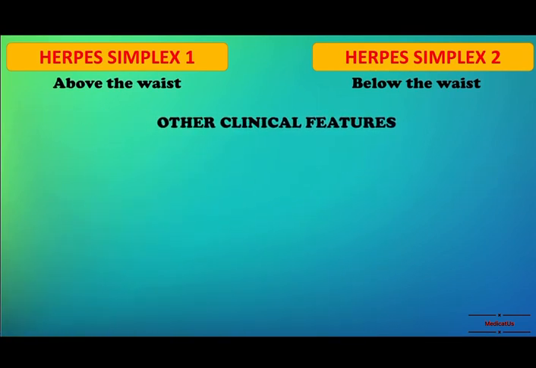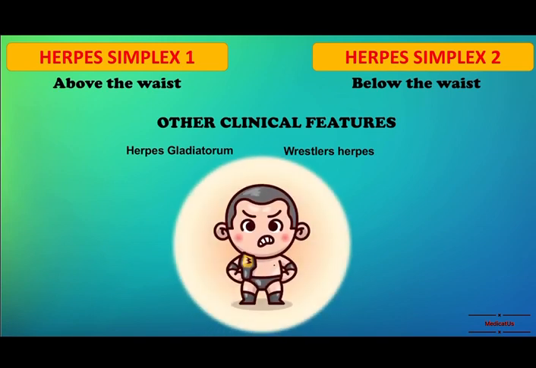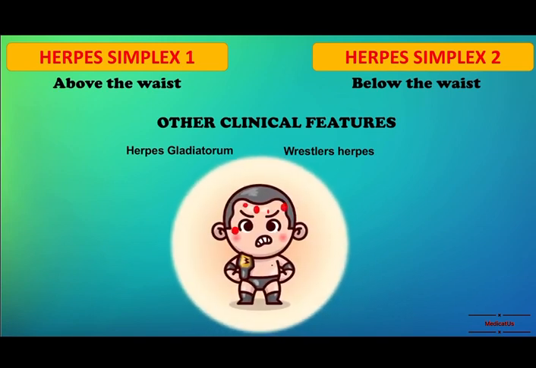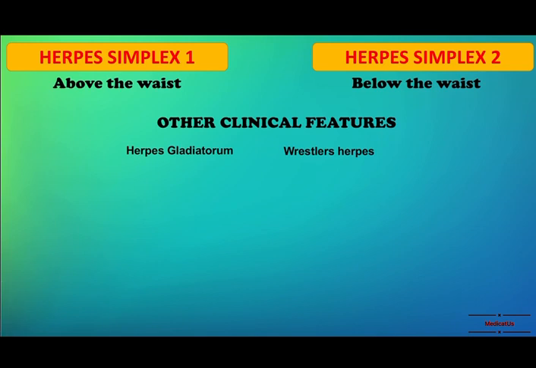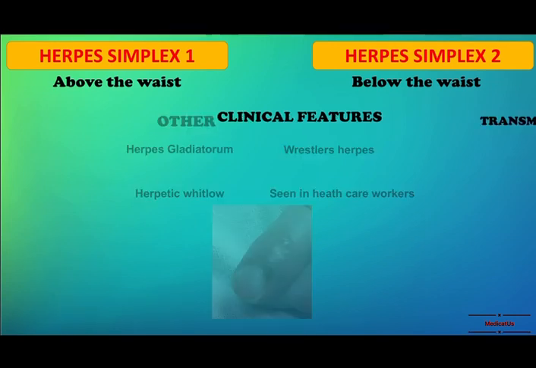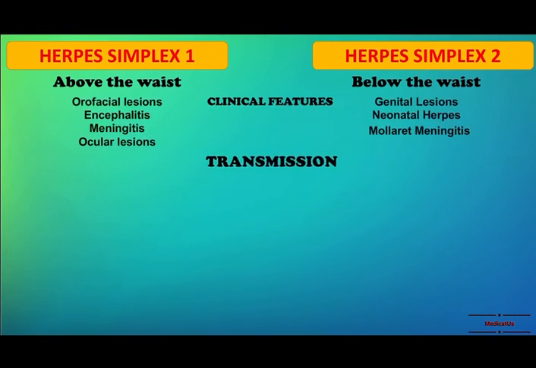Now, other clinical features like herpes gladiatorum, also known as wrestler's herpes, because it is seen in wrestlers. The other one is herpetic whitlow. It is seen in healthcare workers and mostly on the fingertips. Now about the transmission, as it is anything below the waist, it is transmitted through sexual activity and vertical transmission.